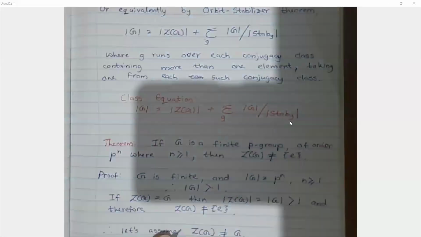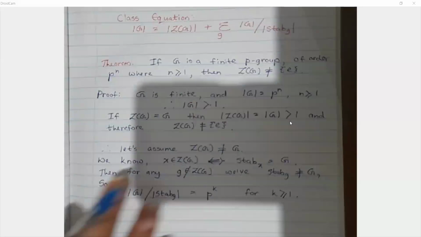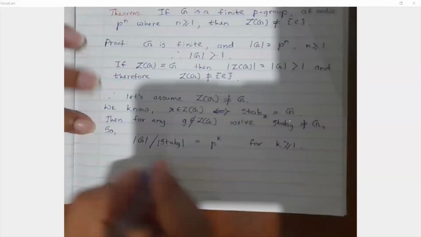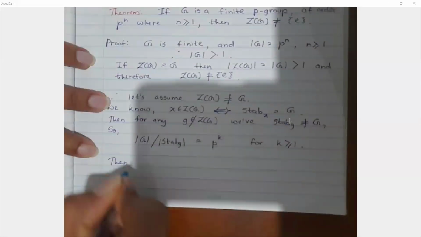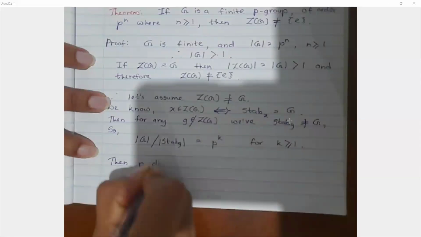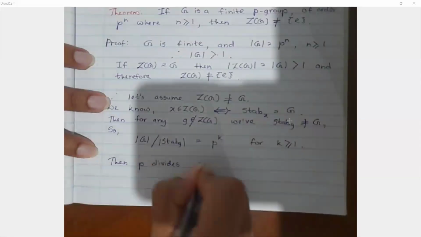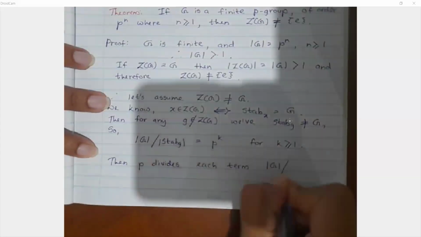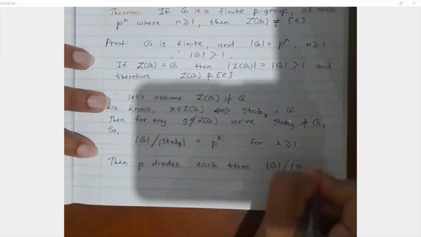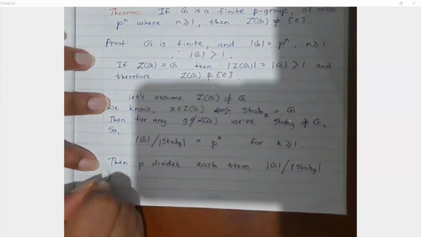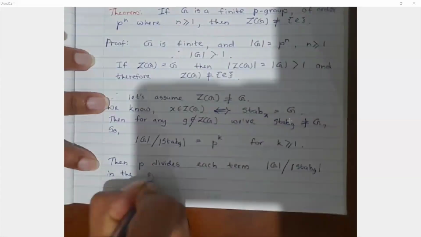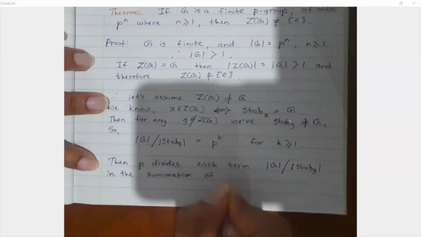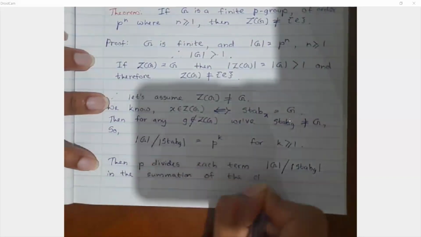So let me write it down. Then we understand that p divides each term in the summation of the class equation.